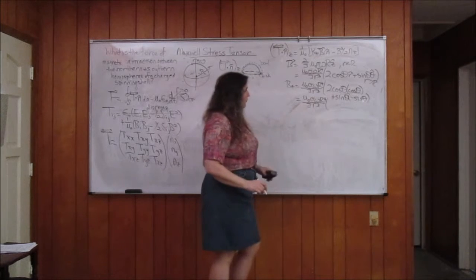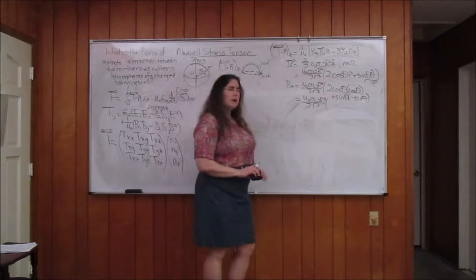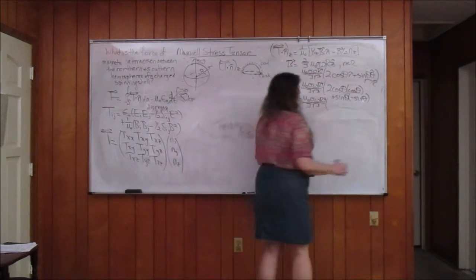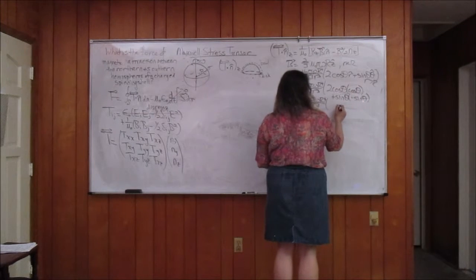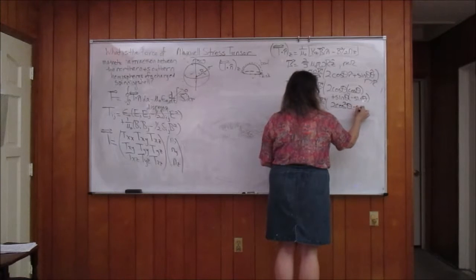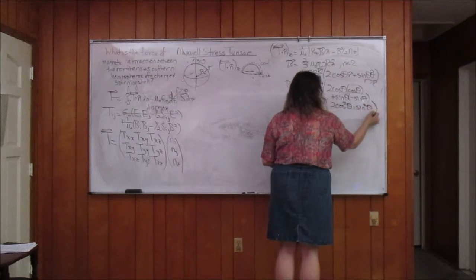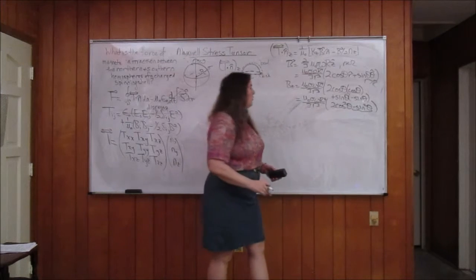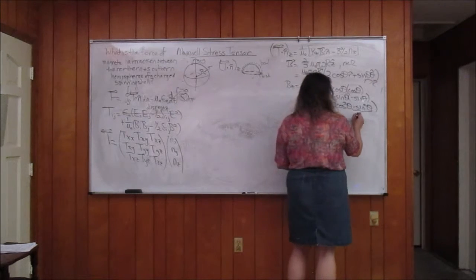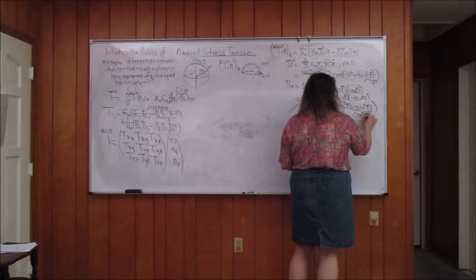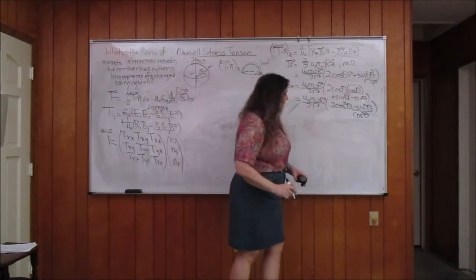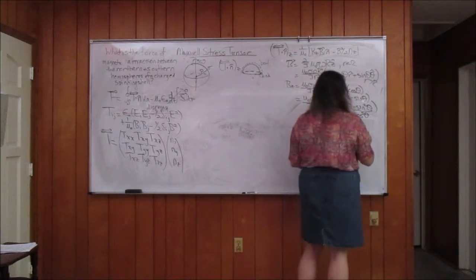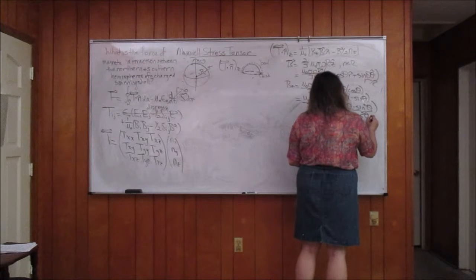So this is equal to 2 cosine squared minus sine squared theta. And I can replace minus sine squared theta by cosine squared theta minus 1.